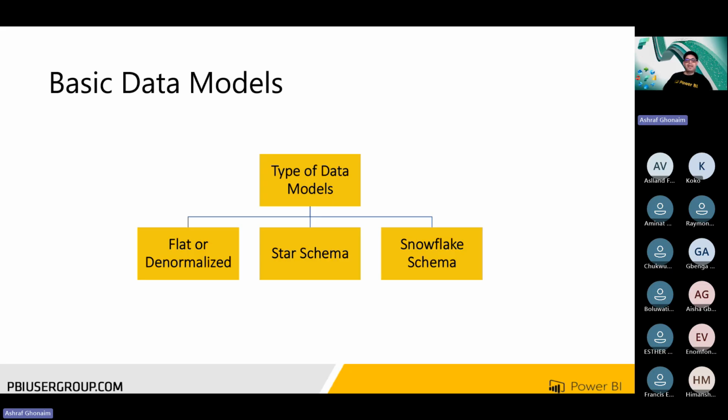It's one table, and we also call it denormalized. Denormalized because it has all the data repeated over and over again, because when you combine multiple fields in one table, you end up with some duplication. So for example, if your table has sales transactions, there could be millions of sales transactions inside the organization.